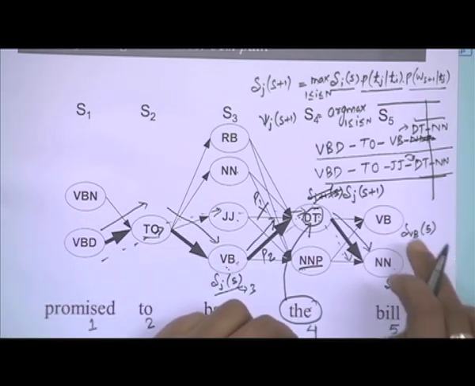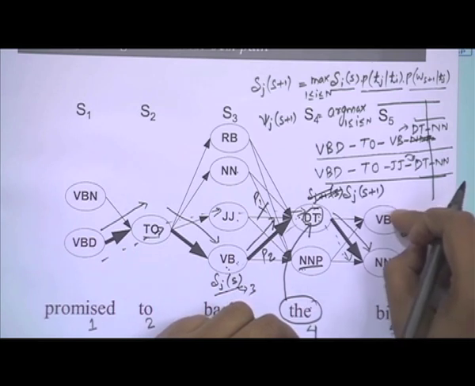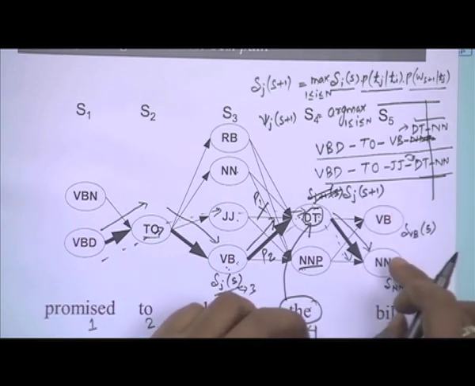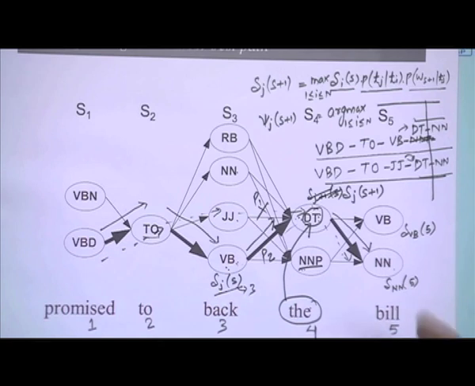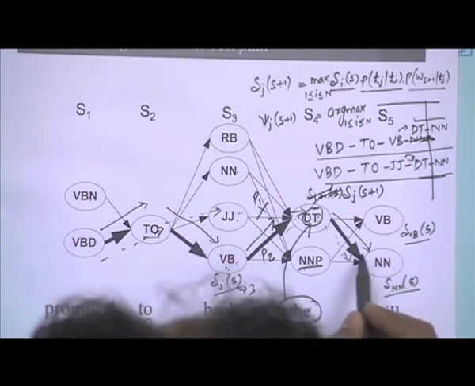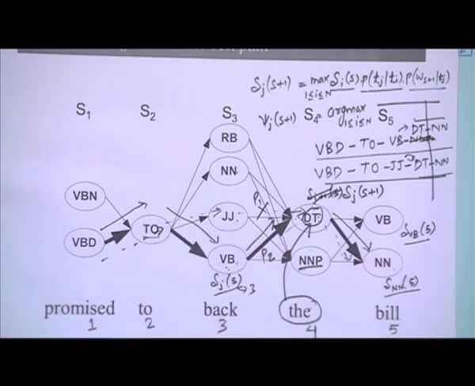What is the best probability of reaching this state? At this point I can just take the maximum of these two, and this will give me the best probability of any possible part of speech tag sequence. Then I can use the backtrace from here to obtain the actual part of speech tag sequence. And this is my Viterbi decoding algorithm.